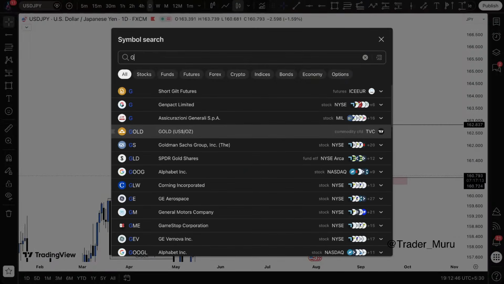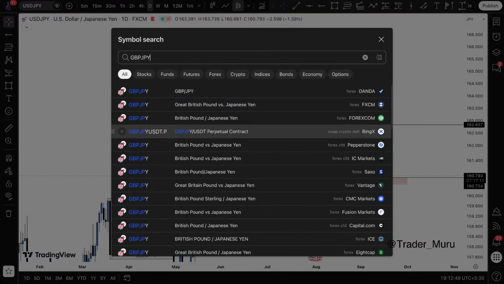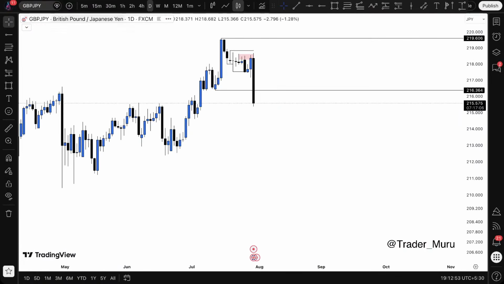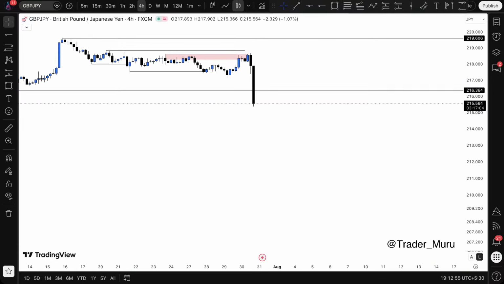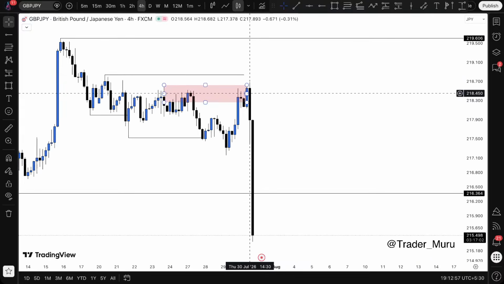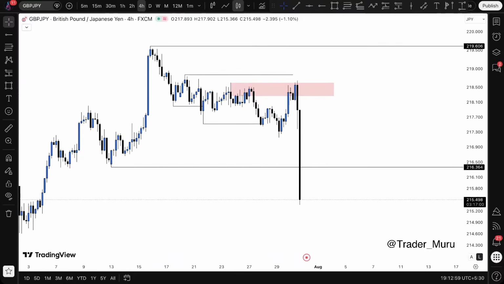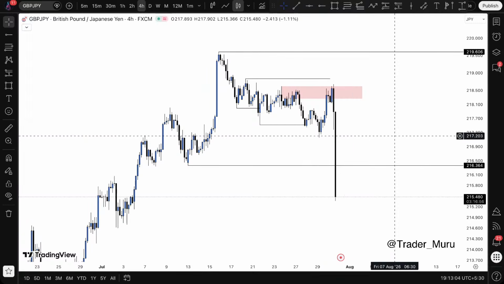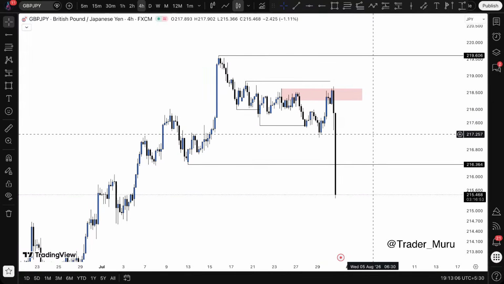Let's see GBP JPY. What position do we have in it? Simple. It is dropping from our resistance area. This one. We have already plotted this. Test here and drop. How clear is this direction? See?